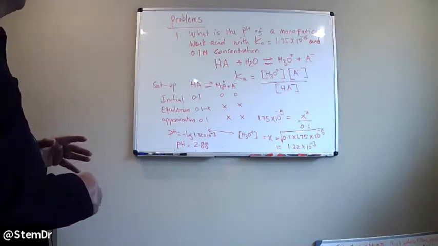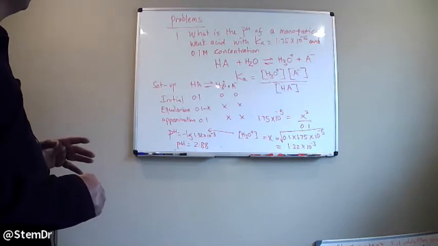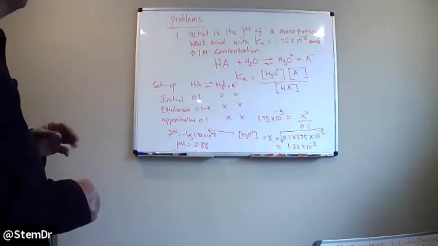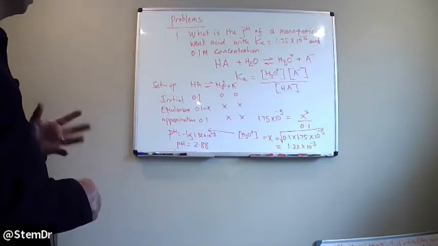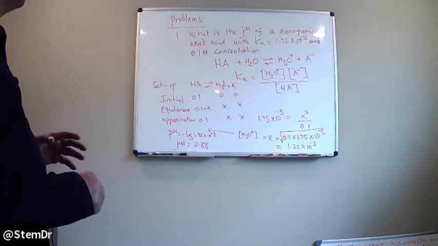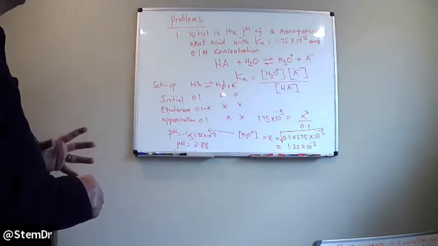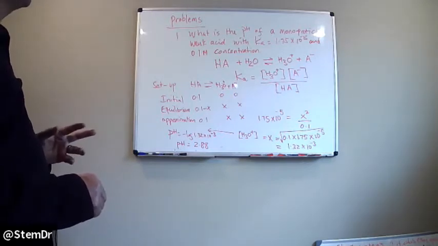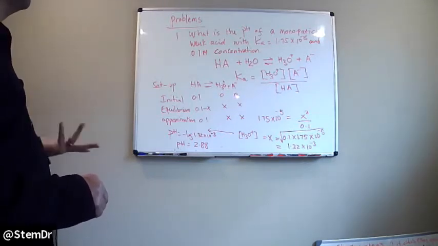First, the acid would equilibrate between hydronium and the conjugate base. Initially, let's assume it's 0.1 molar. That's just the initial concentration. So assuming that initially we have 0 of the hydronium and 0 concentration of the conjugate base.